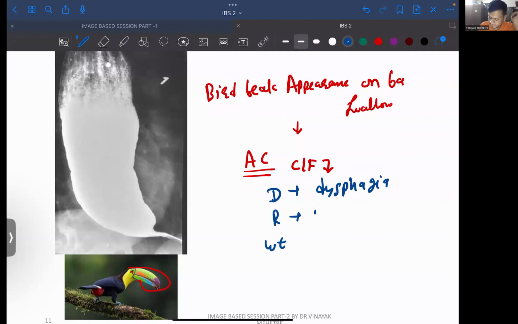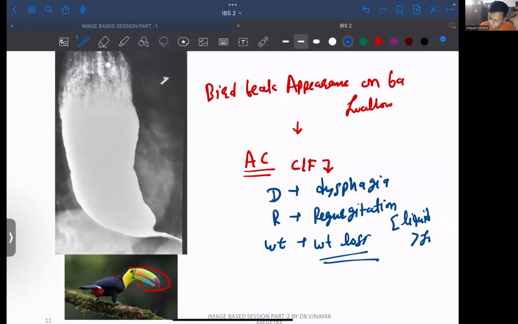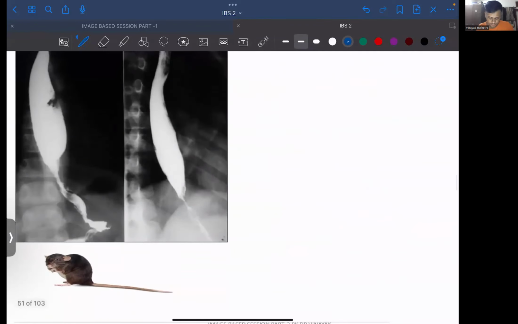Yes, correct. And last one is weight loss. This is the classical feature of achalasia cardia, more to liquid than solid. Okay, more to liquid than solid, right? इतने याद रखो. This is called rat tail appearance.